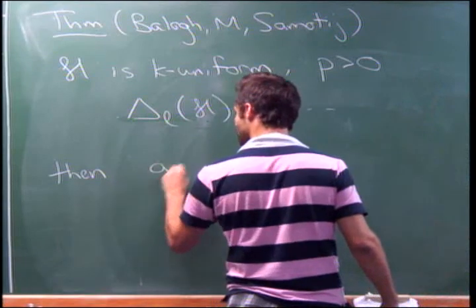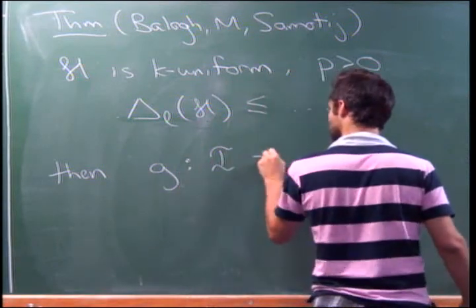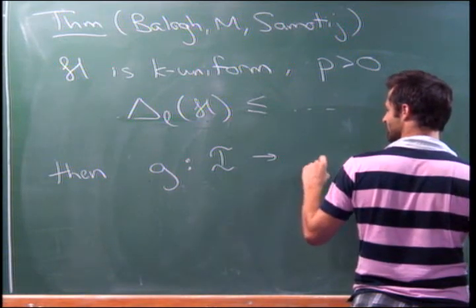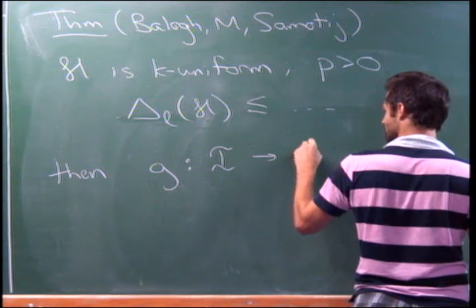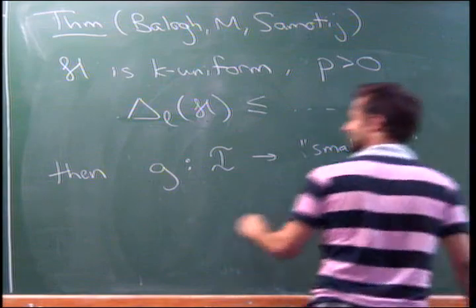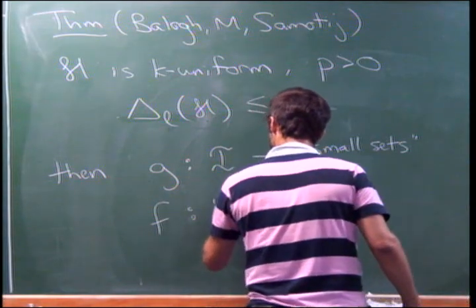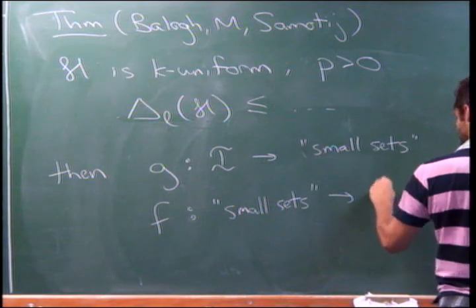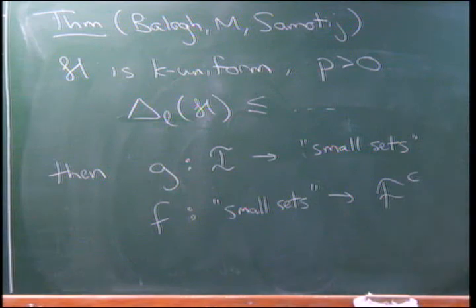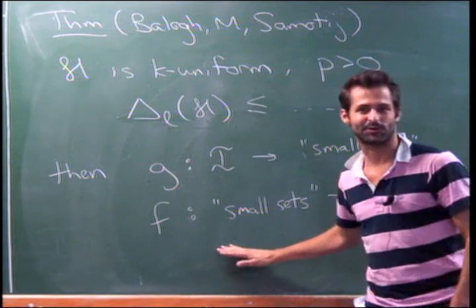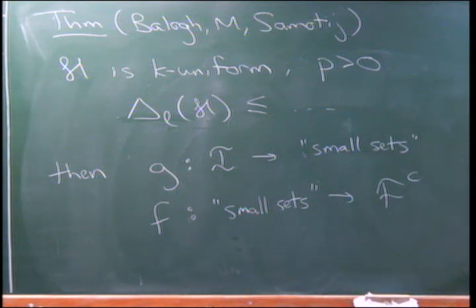Basically, you have some function into small sets, and some other function from the small sets to the complement of some family. Okay, this is the family of independent sets. So this is going to make no sense at all. But let me try and explain what it really means, or what you can do with it.